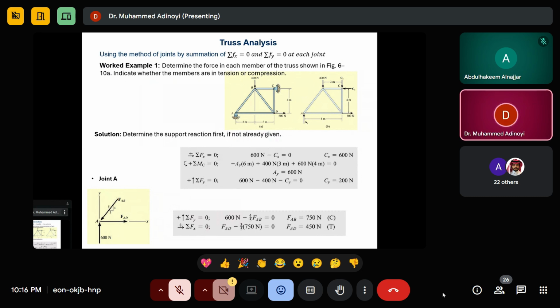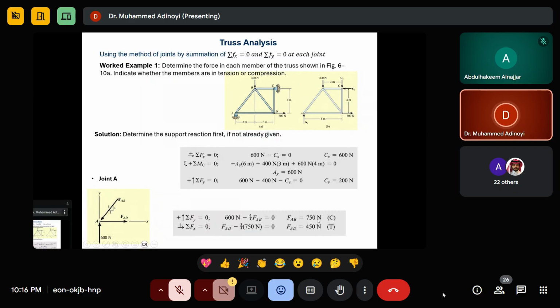So then, when we do that, the assumption is that each joint is in equilibrium. Since there is no movement, it's in equilibrium. So the sum of forces in Y: 600 Newton, minus F of AB times 4 over 5, is equal to 0.